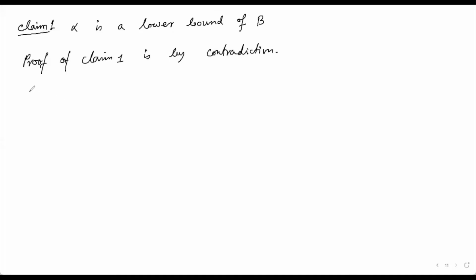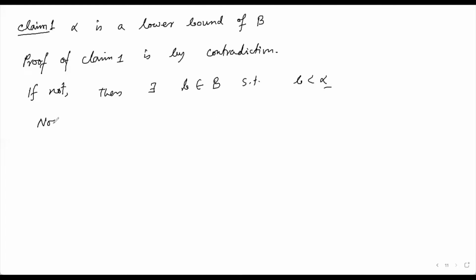So if not, that is, if alpha is not a lower bound of B, then there exists some point b in B such that b is less than alpha. So if alpha is not a lower bound, then we have some element in B which is less than alpha.